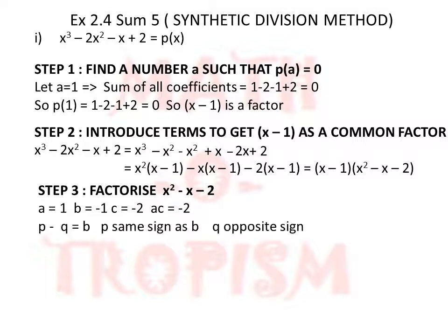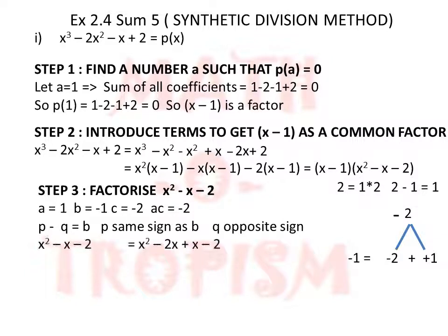Since ac is negative, I need to find two factors such that both are subtracted to get the b term, and both will be of the opposite sign. So 2 can be factorized into 1 and 2, so that minus 2 plus 1 is giving me the b term minus 1. So x square minus x minus 2 can be rewritten as x square minus 2x plus x minus 2.